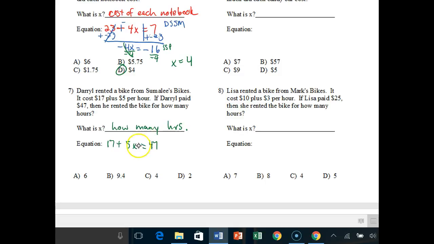So we'll go ahead and draw our Tetris. Add negative 17 to both sides. This is DSSM, different sign subtract. Drop down your 5x. Equals 47 minus 17 is 30. I keep the positive because there are more positives. I divide by 5. And Daryl went on a rather long bike ride. He rode it for 6 hours.